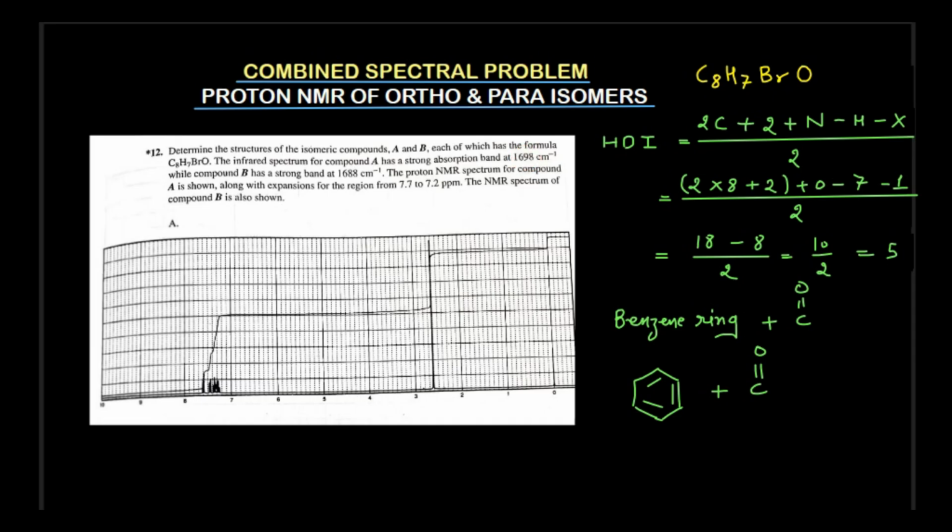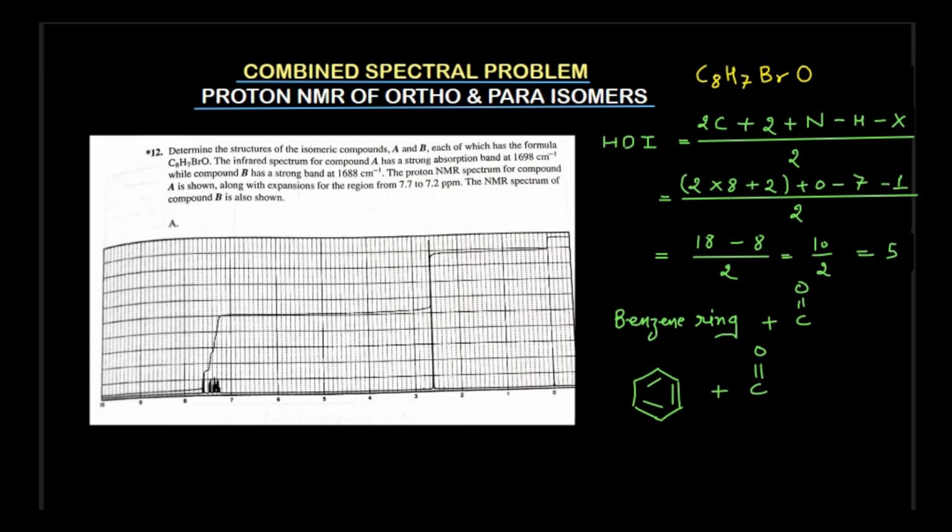So you have this carbonyl group, and bromine is already there. We can quickly discard the possibility of having acids, because acids have two oxygens, which are not there in the question. Similarly, you can discard the possibility of esters as well, and other acid derivatives.